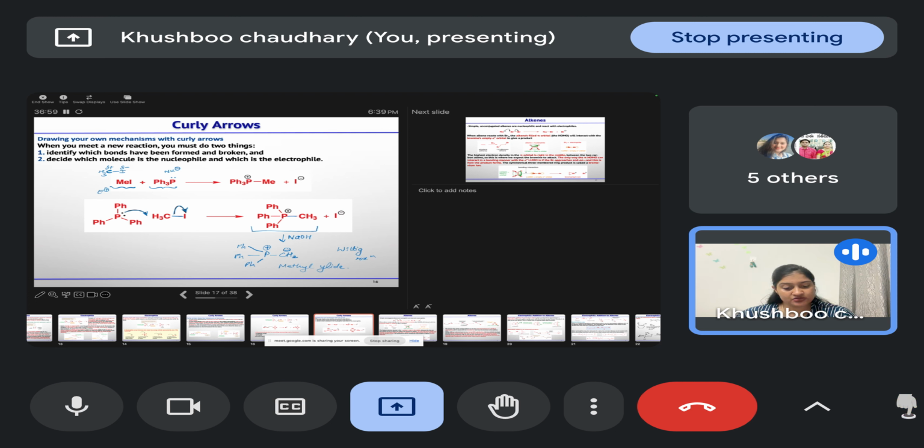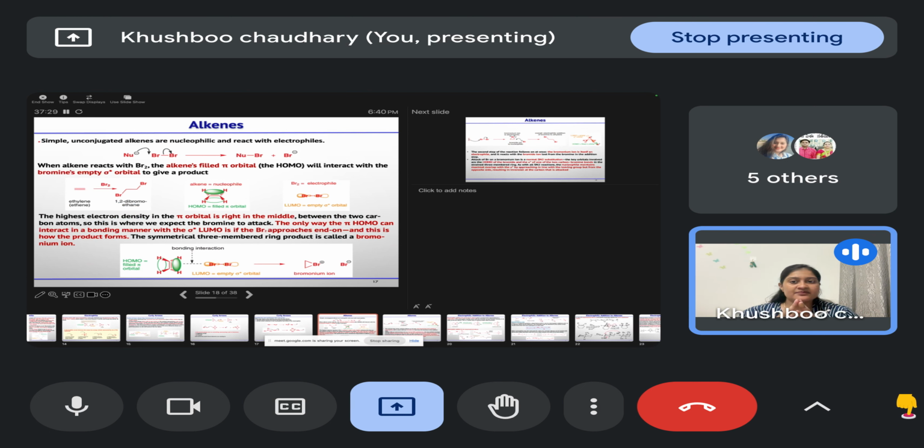If someone does not know about the Wittig reaction, it is the reaction of your carbonyl carbon with this ylide, leading to the formation of olefin. So such species will participate in the Wittig reaction, or this is the reactive species that leads to the formation of olefin from the carbonyl carbon.